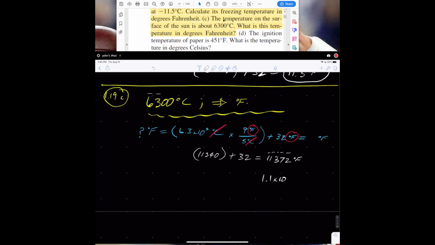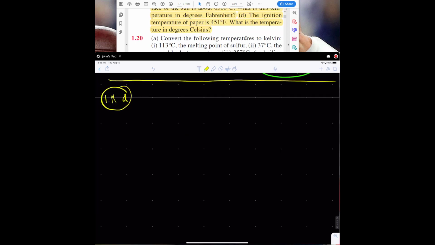Well, because we're essentially reporting a number that's equivalent to 11,000 degrees Fahrenheit, that means that we're going to do 1.1 times 10 to the 4 power degrees Fahrenheit. And this is our answer. Okay, 1.1 times 10 to the 4 degrees Fahrenheit. And we can't forget the units of temperature. And then we can move on to the next part.